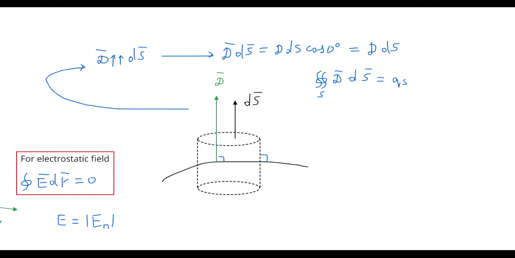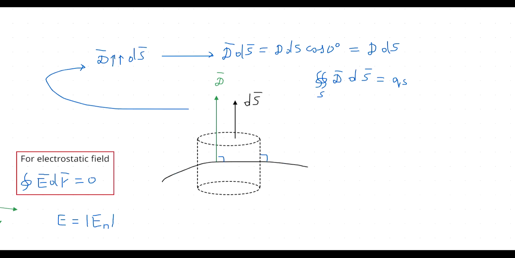Okay, and let's use this Gauss-Flux theorem for this cylinder that is drawn with a dash line. I will do this for an infinitely small cylinder.